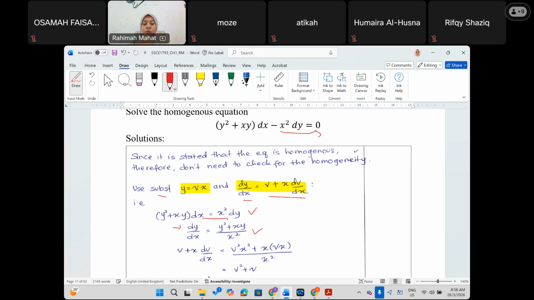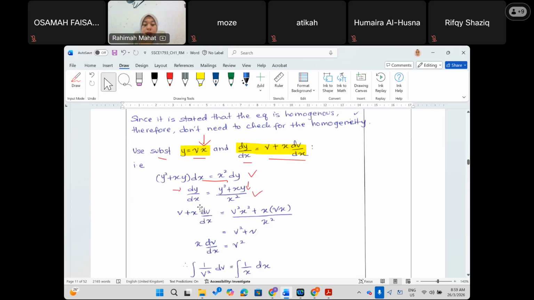So you substitute with v plus x dv over dx is equal to, and your y you substitute with the substitution in the homogeneous solution. So your y is equal to vx, and you will get v squared x squared plus x. Anything y, you need to substitute with vx, over x squared.